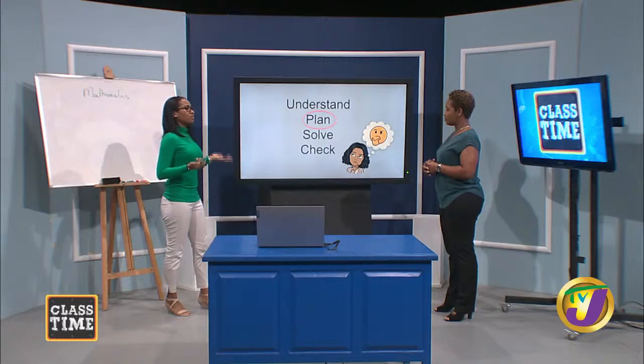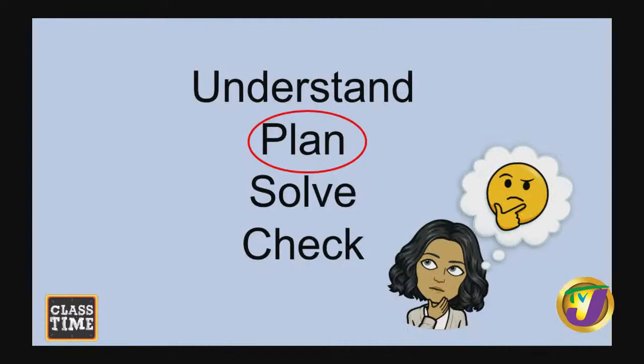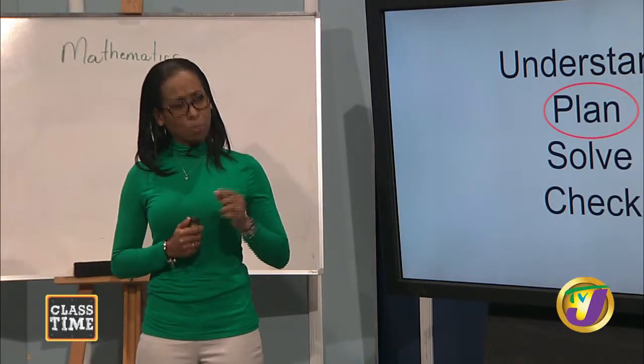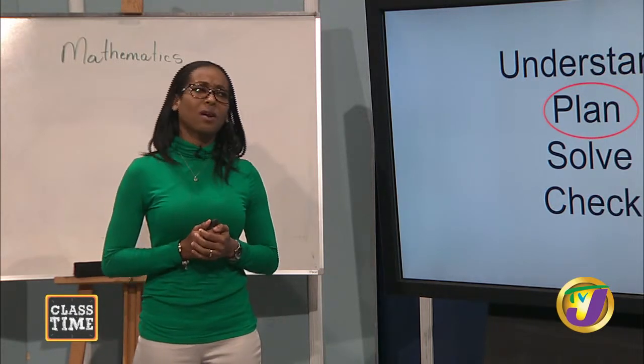All right. And we would have spoken about our plan. After you understand, you can definitely plan. What I'm thinking about the plan is this: we know how much money he has, we know that he needs some trays, we know that each tray costs $50.